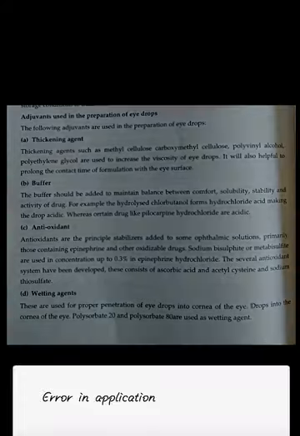Then the second one is buffer. The buffer should be added to maintain balance between comfort, solubility, stability, and activity of the drug. For example, hydrolyzed chlorbutanol forms hydrochloric acid, making drops acidic, whereas drugs like pilocarpine hydrochloride are acidic.